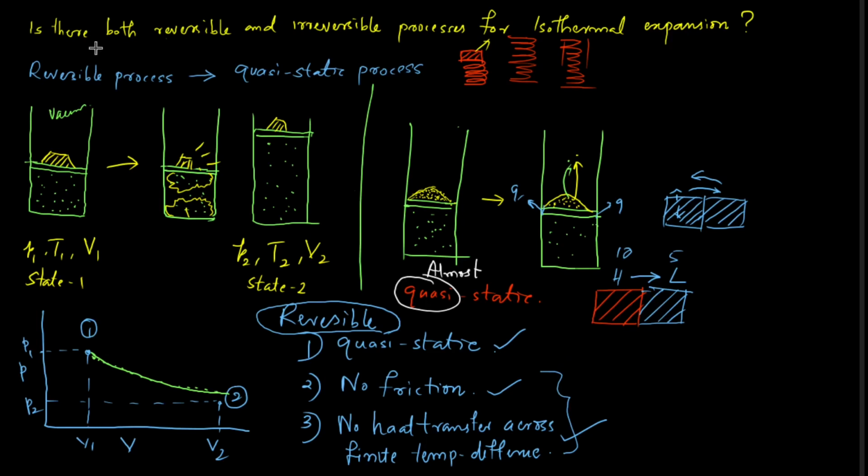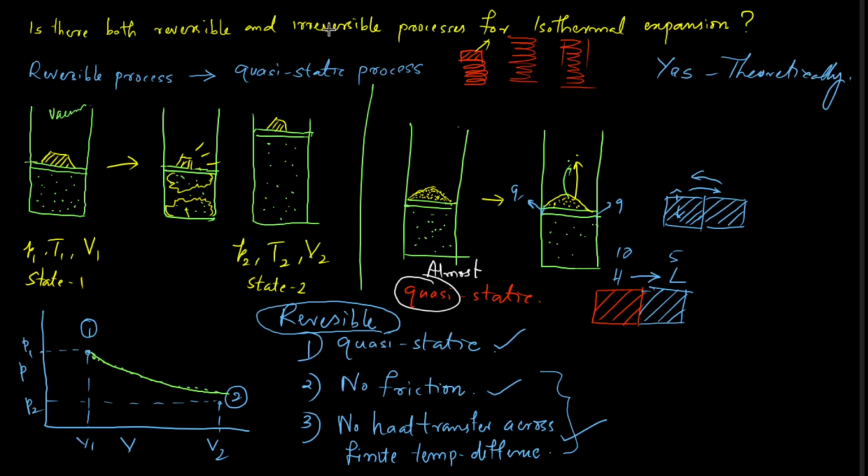Then I'll come back to this question: is there both a reversible and an irreversible process for isothermal expansion? The answer is theoretically yes, but practically we can't have a reversible process.